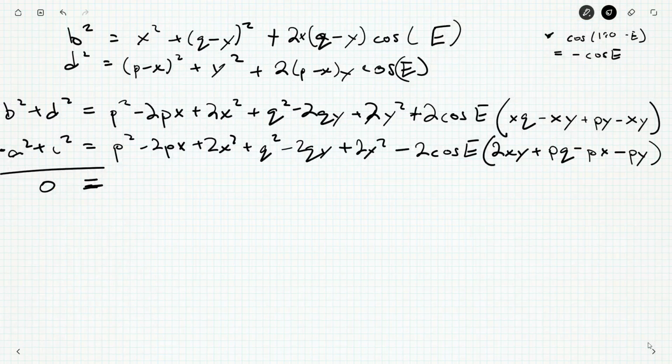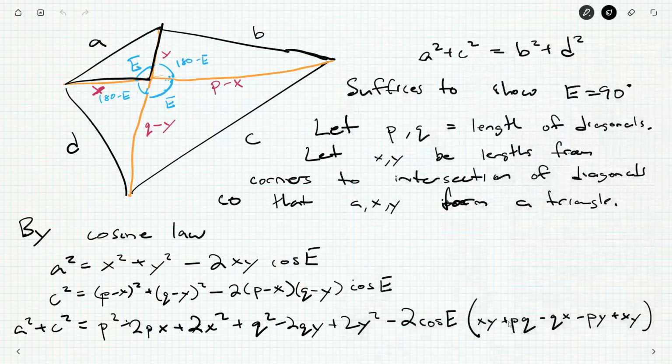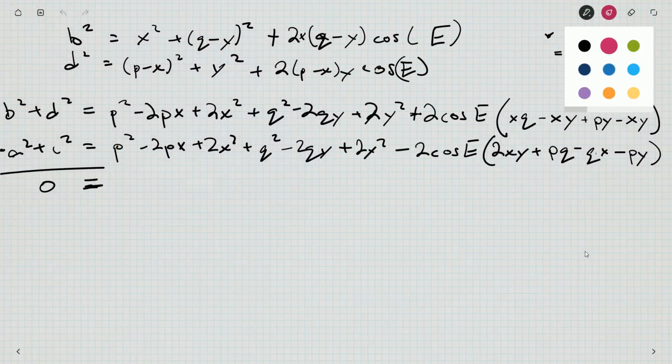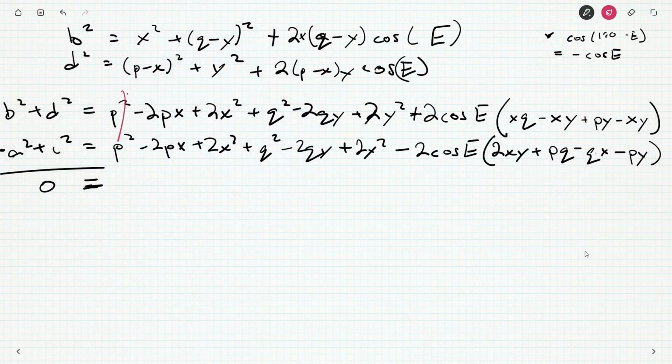Oh, sorry, minus qx. Right, yeah, minus qx minus py. Alright. But when I make this subtraction, these cancel, these cancel, these cancel, these cancel, these cancel, these cancel, and now we're left with 2 cos e, and then xq minus xy, actually minus 2 xy's.